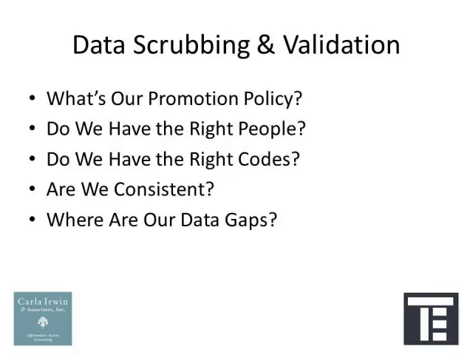And then finally, I look for where are the data gaps. And again, here we're looking at random gaps versus systemic gaps. Is it a one-off situation where we're missing one piece of data for one person, or are we missing the same piece of data for hundreds of people?